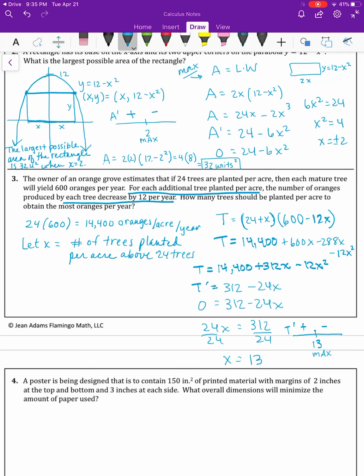Okay, and I get x equals 13. I do just want to make sure that that is a maximum. So I put a 12 in, and I end up getting a positive value. I put a 14 in, and I get a negative value. So that does verify that I have a max using the first derivative test.